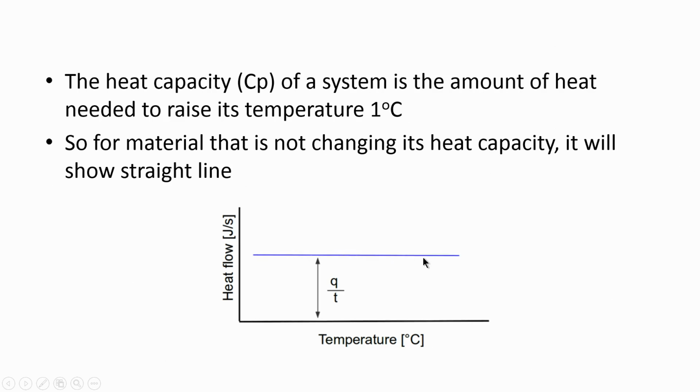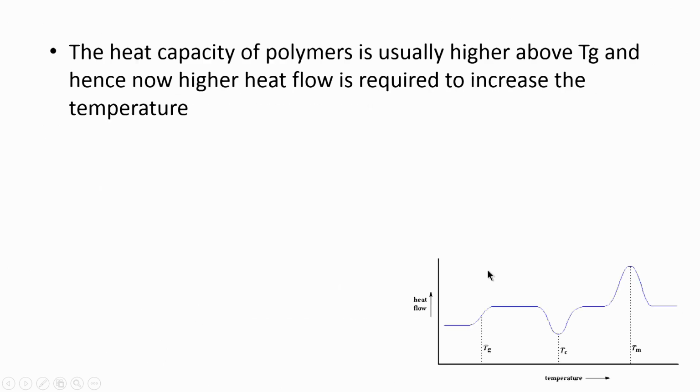In ideal circumstances you should have a straight line like this, typically metals show this. However, we know that the heat capacity of the polymers is usually higher above the Tg, and that is why you see that initially it's a straight line.